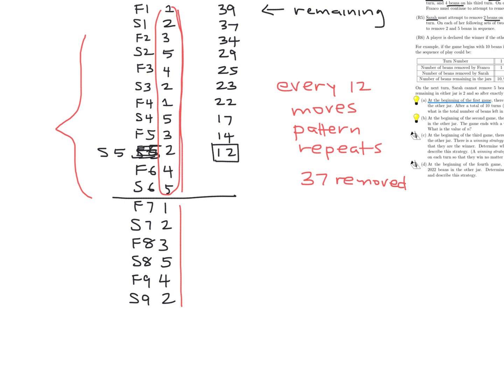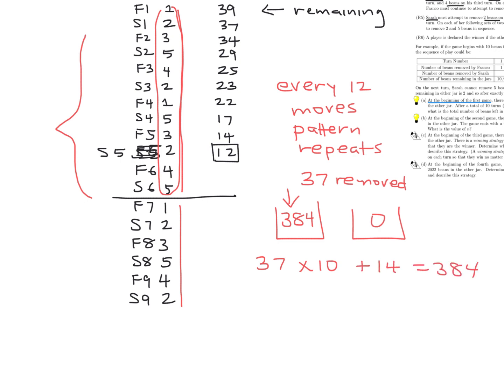Okay. So now we get to the question. The question talks about 384 and 0. So this part is really what we're concentrating on. So every 12 turns, you're removing 37, right? So let's see here. How can I get close to 384? If I did 37 times 10, that'd be 370, and then plus 14 would be 384.